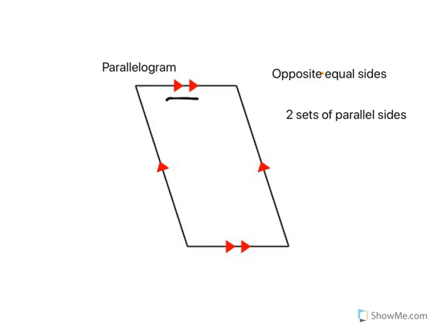You see these two arrows right here? What it's showing us is that this side is equal to this side. Meaning that this side and this side are equal, but they are also parallel. So if we look at this single arrow that we have right here, this single arrow is equal and parallel to this one.